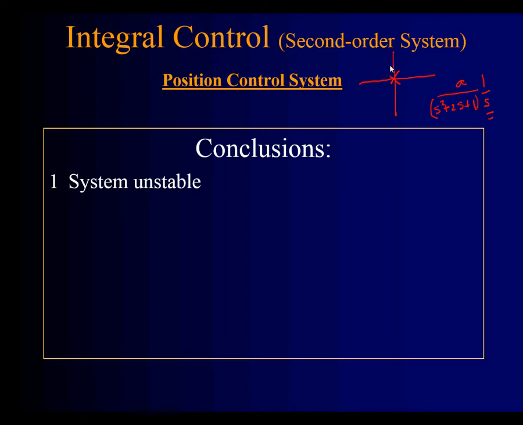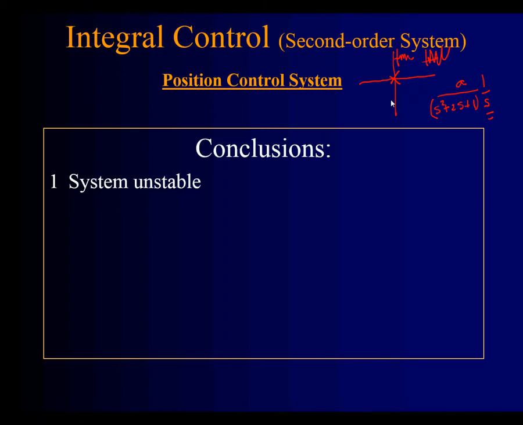And isn't it true that this is the oscillations section, and this is the unstable section, right? So you have to be careful with integral control, because if you do it too much, you could bring the system to the right hand side. Because you were trying to eliminate the error, now you created a major problem because it could be unstable.